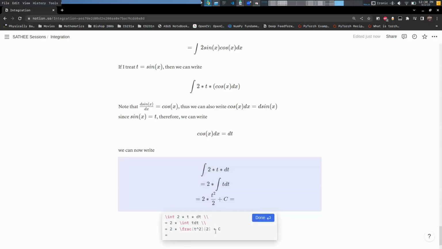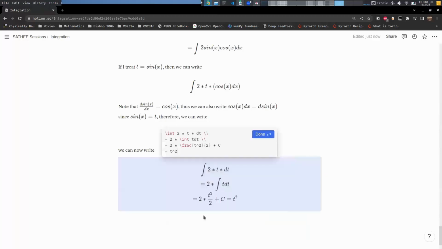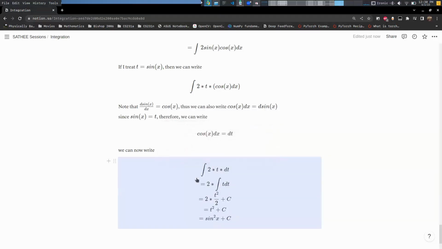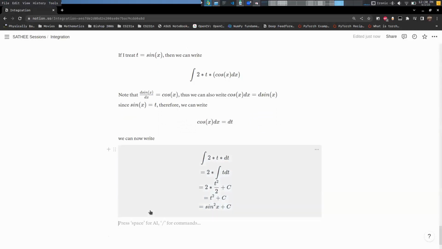Now the 2 would cancel, and hence we would have t square plus c, and t here is nothing but sine x. So we can write here sine square x plus c. So this is how we can solve it by expanding sine 2x.